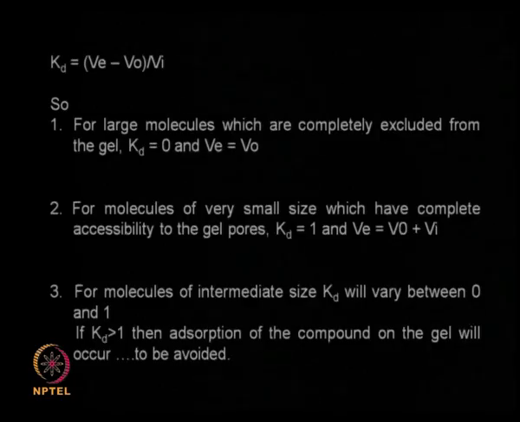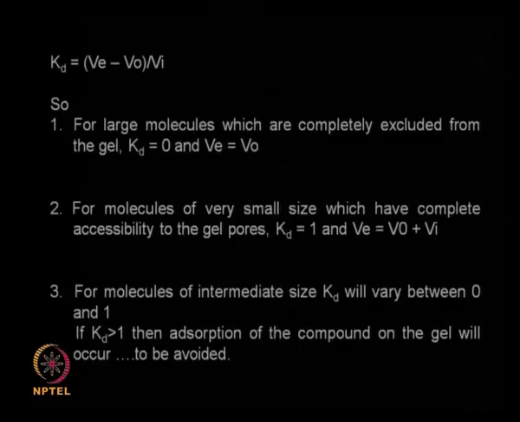Okay, let us again go back to this particular equation where we said elution volume is a function of the pore volume, the interstitial volume, and the term called Kd, the distribution coefficient. Now if we rearrange the equation we get Kd equal to Ve minus V naught divided by Vi. Now there are three different situations one can consider.